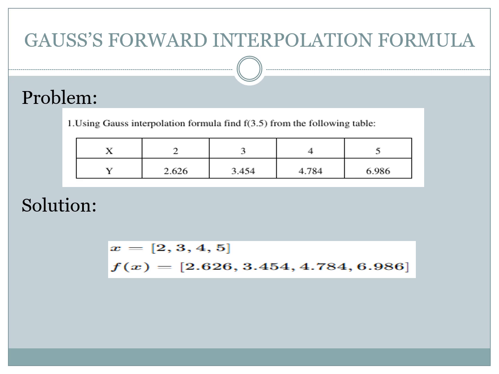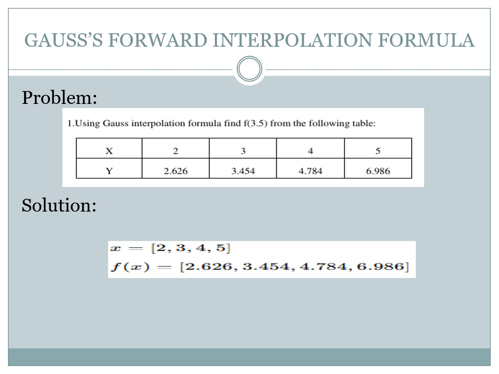The x and y values are: x is equal to 2, 3, 4 and 5, and the y variable is 2.626, 3.454, 4.784 and 6.986.